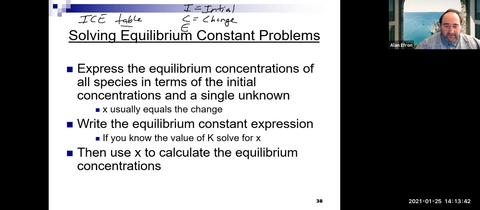And E means equilibrium. When we do these type of problems, you want to make sure you show the ICE tables, and we're going to do one together in just a second. We use it to figure out what our equilibrium concentration is going to be.